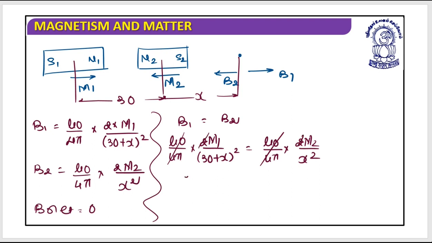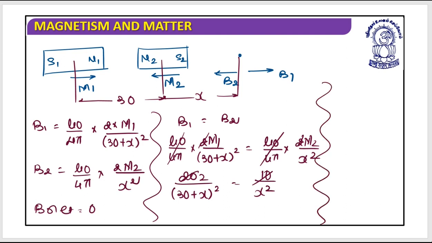m1 is 20, divided by (30 plus x) whole square, should equal m2, which is 10 by x square. So 10 twos are 20. If that is the case, then this equals 2x square, which should equal (30 plus x) whole square.